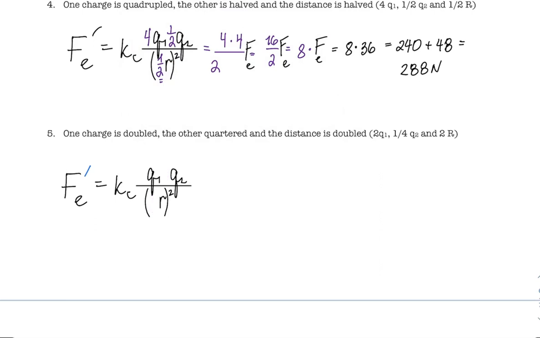One charge doubled, one quartered, and distance doubled. So 2 upstairs, 4, this 4 went down, so it's going to be 4 from the downstairs, and then 2 squared, another 4. So that's going to be 2 over 16.